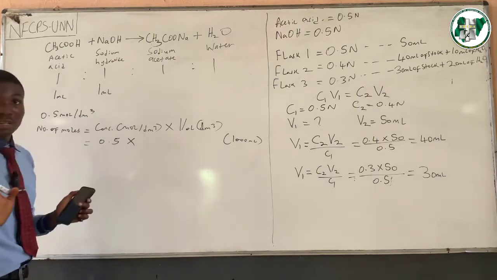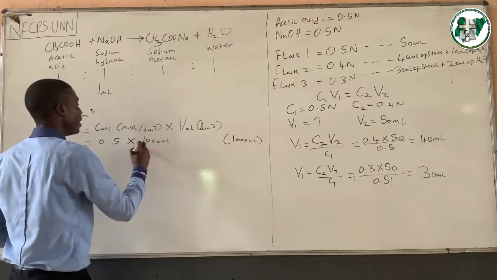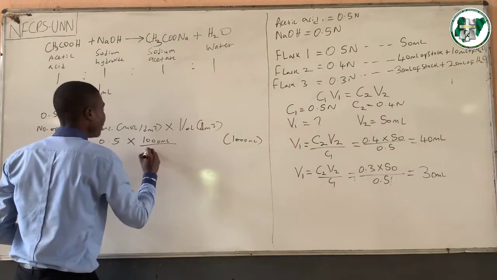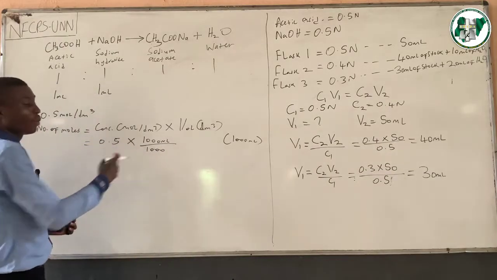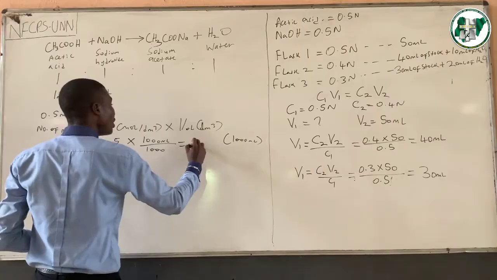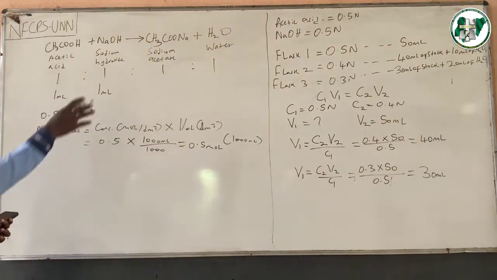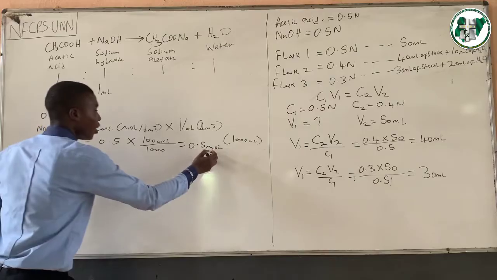I said that for you to convert ml to dm cube, you simply divide by 1000. So we have 0.5 times 1000 over 1000. That's going to give you 0.5 mole. So in every 1000 ml of 0.5 normal acetic acid, the number of moles of acetic acid you have there is 0.5 mole.